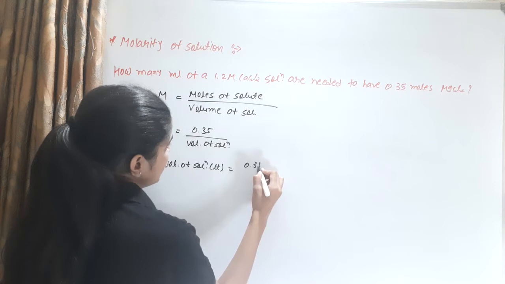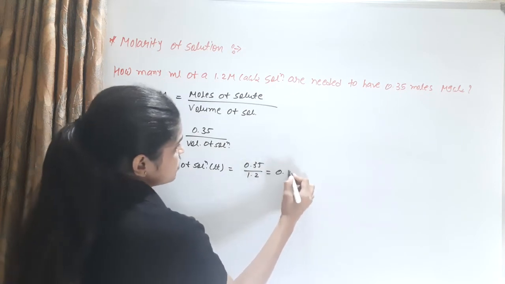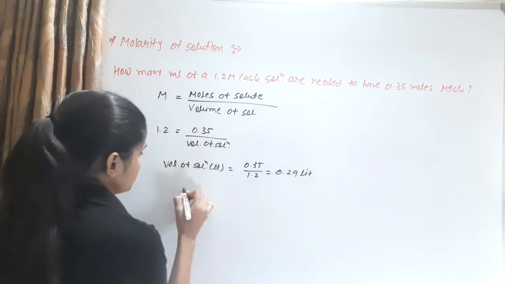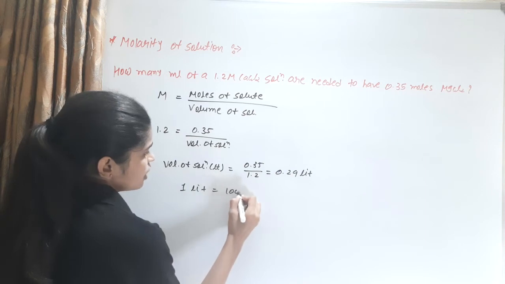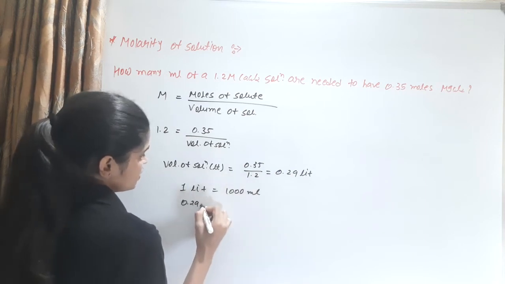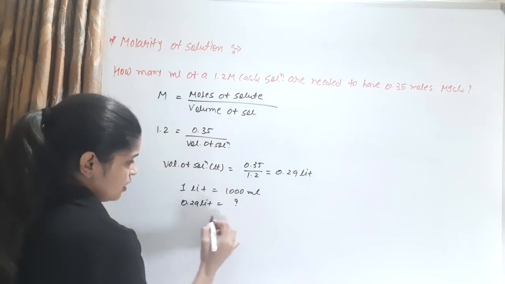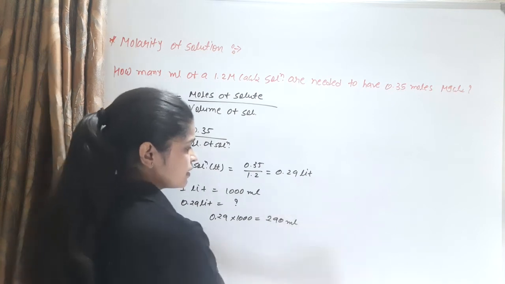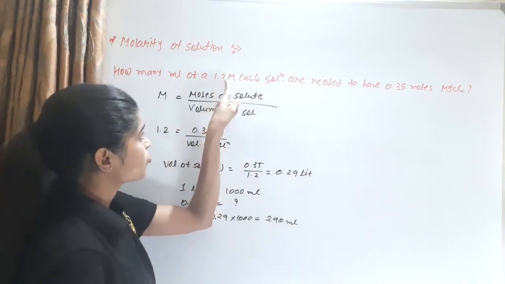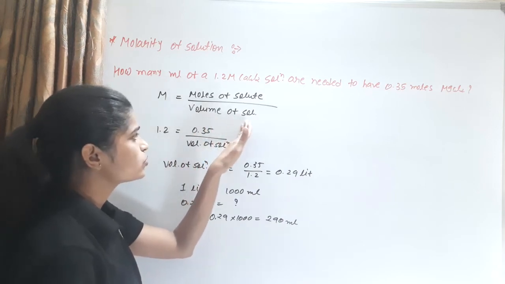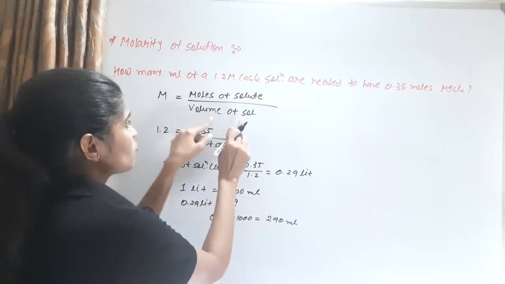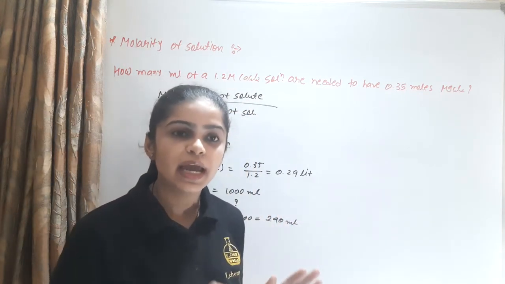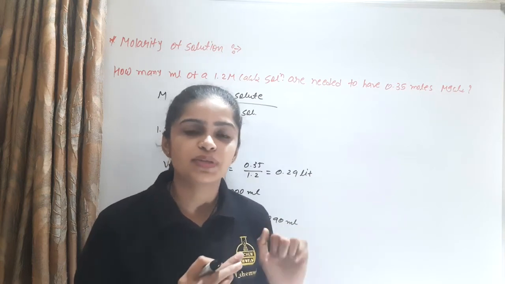That is 0.35 divided by 1.2, which is 0.29 liter. When liter is converted into ml, 1 liter is equal to 1000 ml. So 0.29 multiplied by 1000 is equal to 290 ml. That way, when the given values are molarity and volume of solution, we find the moles of solute. Whereas when the moles of solute and molar mass are given, we find the weight of the sample.